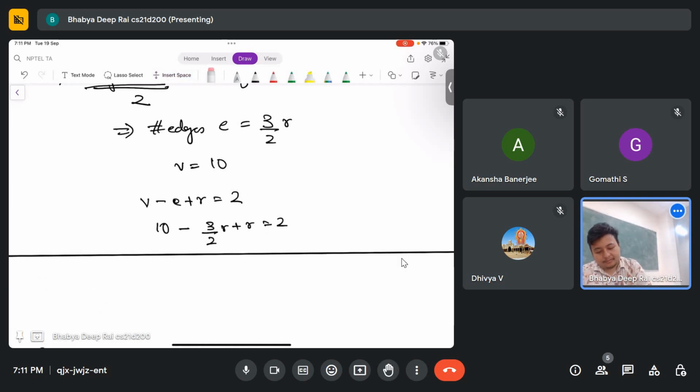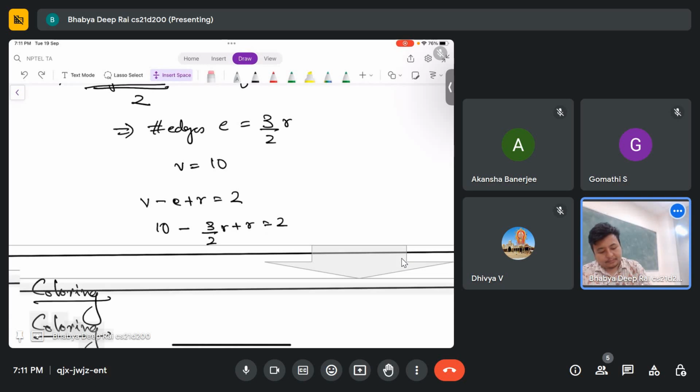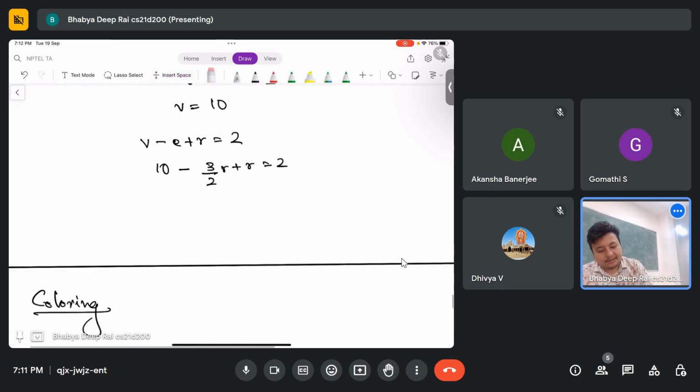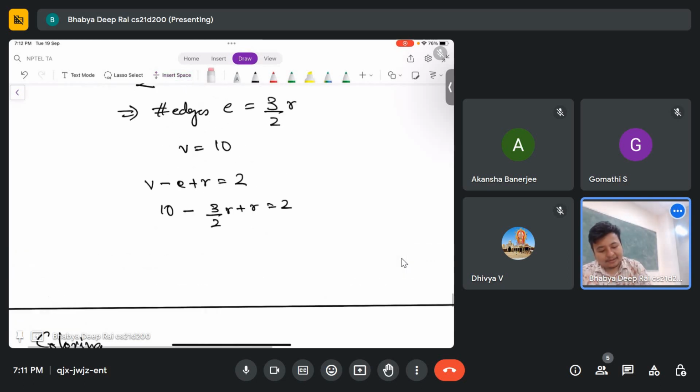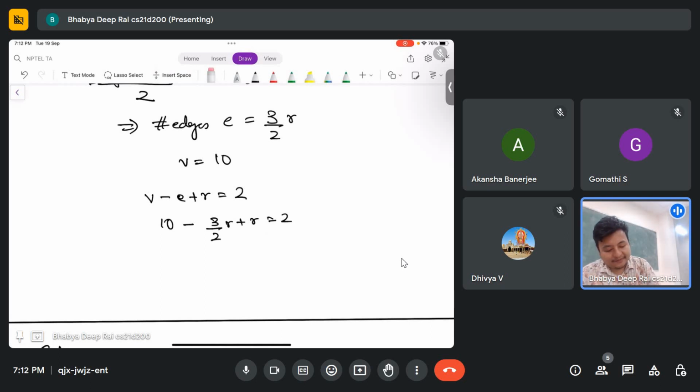So now what is R? Since I need to do it in terms of E, R equals 2 by 3 E. So let me write minus E plus 2 by 3 E. I think this is better.